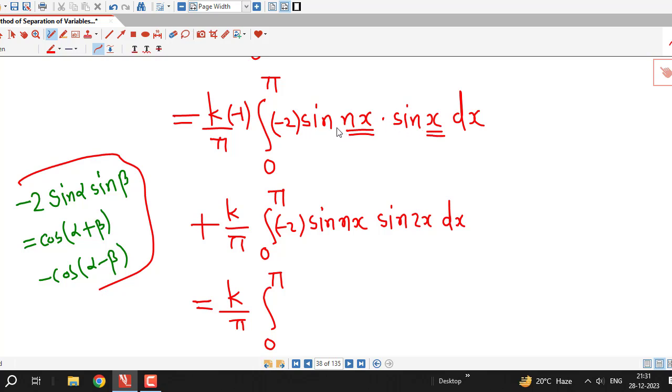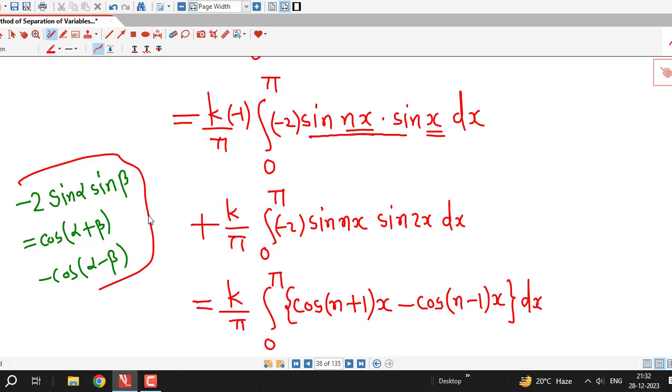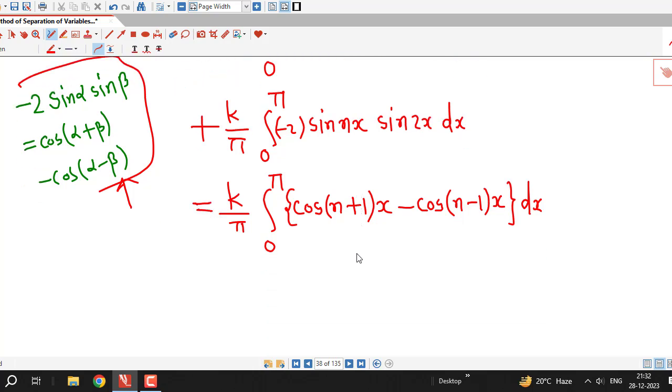Therefore, this is going to be cosine of (nx plus x), and I can take x common, and directly write cosine of (n plus 1)x. Similarly, α minus β, that is nx minus x, and if we take x common, it is (n minus 1) into x.